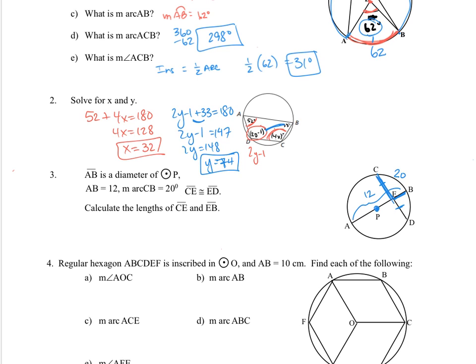Well, if I know that AB is a diameter and I know that it's 12, that tells me that this radius is 6. That's also 6 right there. But more importantly, I can go like this and make that radius 6. So now I have a right triangle in there with this radius as being 6.